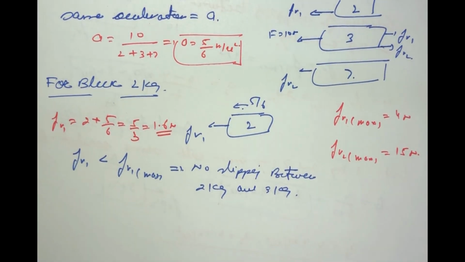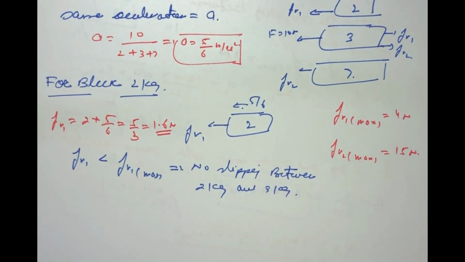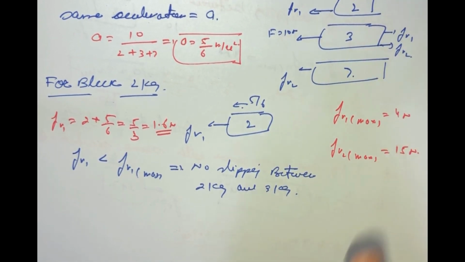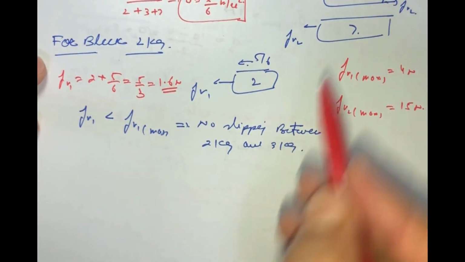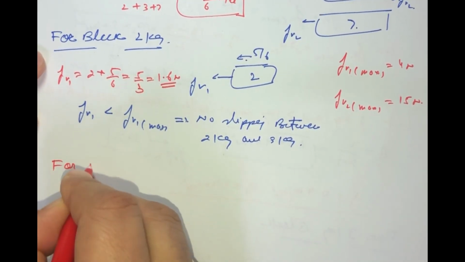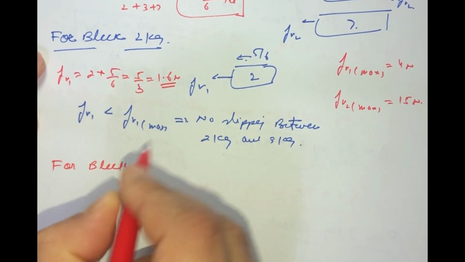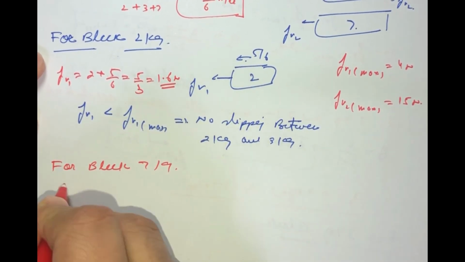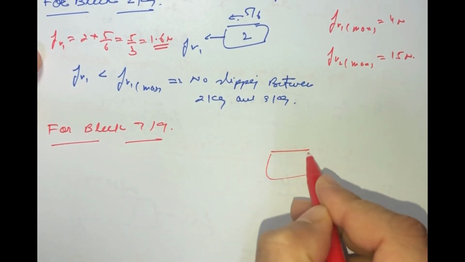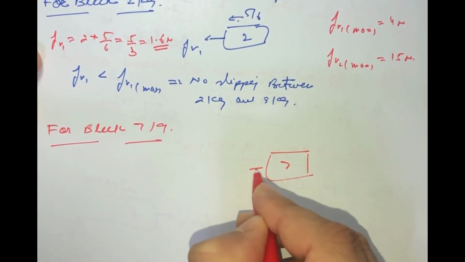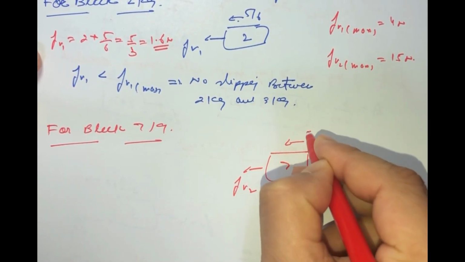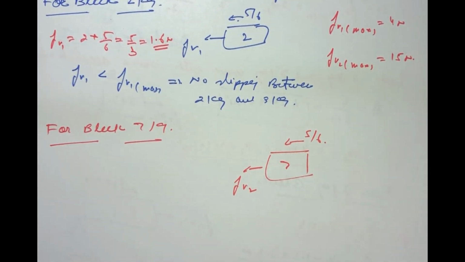Now let us check whether it is slipping between 3 and 7 kg. For this, let us consider the block of 7 kg. So this is our 7 kg. Friction is here, Fr2, and it is moving with acceleration of 5/6.